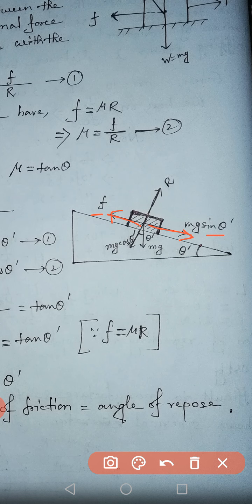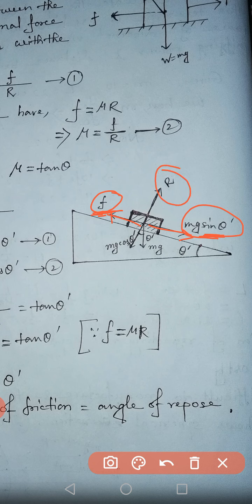We know that limiting friction is the maximum value of static friction. So in the limiting case, this and this will be the same, but once the object starts moving, this will be more than this. At the limiting case, when it just starts to move, this is equal to this.